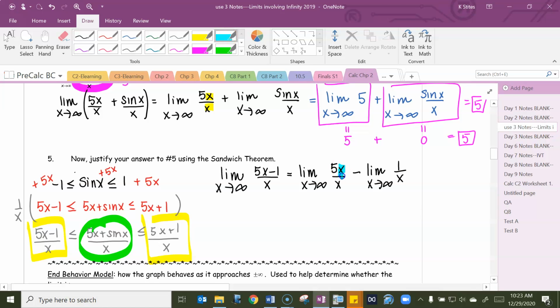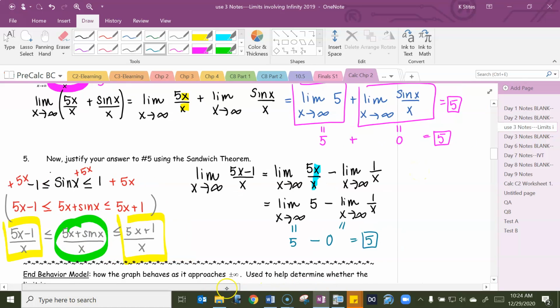So now my x's will cancel. So I have 5 minus the limit as x approaches infinity of 1 over x. And we can go ahead and calculate each of these. The limit as x approaches infinity of 5 is 5 minus the limit as x approaches infinity of 1 over x, which is 0. And that gives us 5.